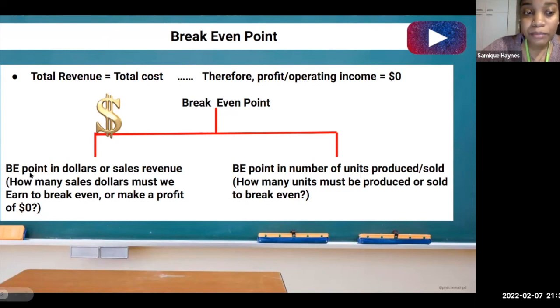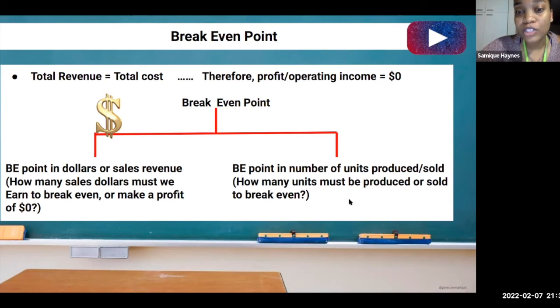If we calculate the break-even point in dollars, we're asking how many sales dollars must we earn to break even, or how many sales dollars must be earned to make a profit of $0. If we find the break-even point in the number of units produced or sold, we're asking how many units must be produced or sold to break even.